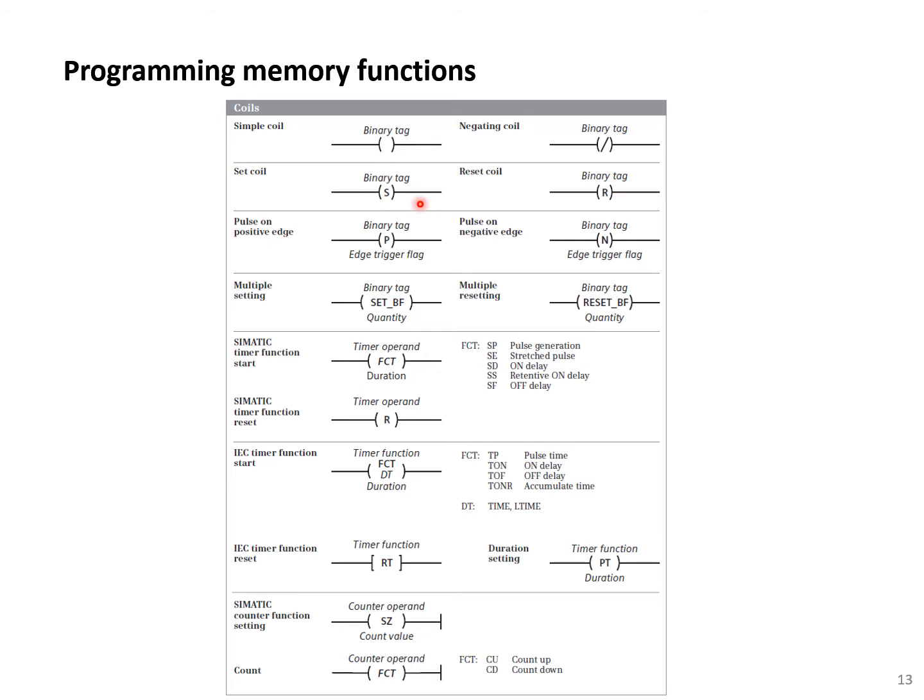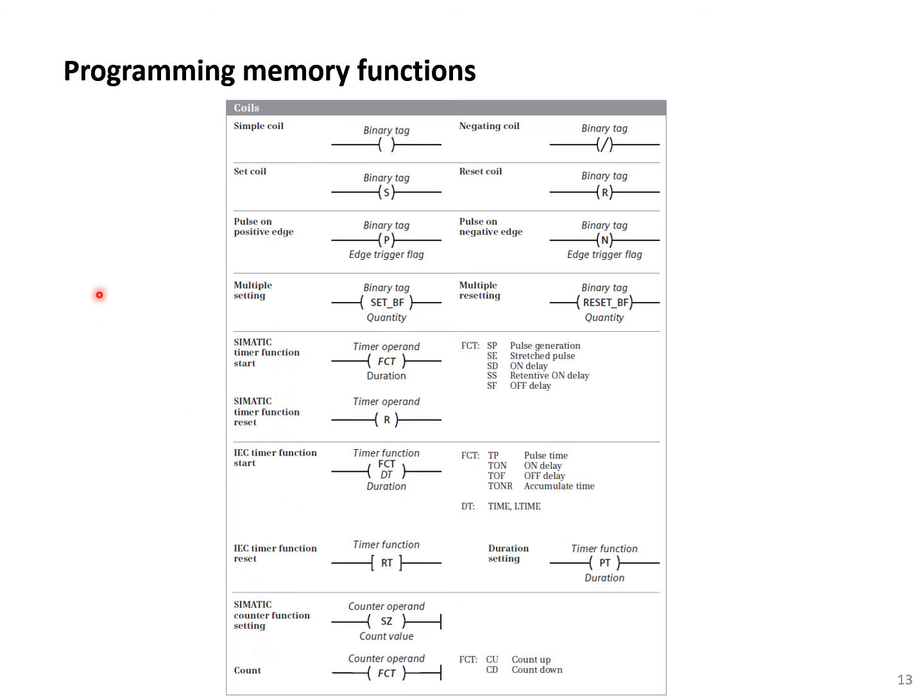Once you want to reset it again, you should use the reset coil. You could have a pulse on positive edge coil, as I explained, and a variety of other types of coils that I don't want to explain at this point, but we could come back to these later.